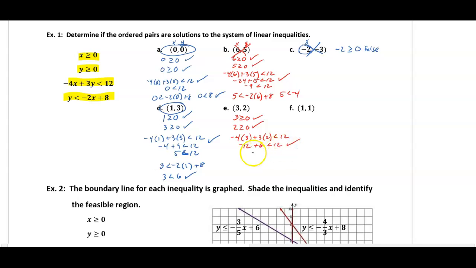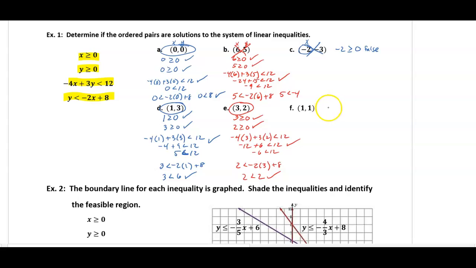That checks off, because negative 6 is less than 12. Then, is 2 less than negative 2 times 3 plus 8? Is 2 less than 2? That is true. Therefore, that is a solution.